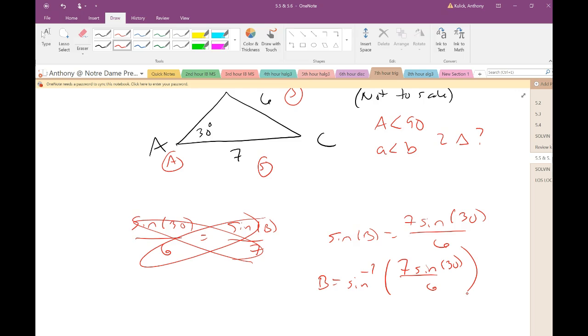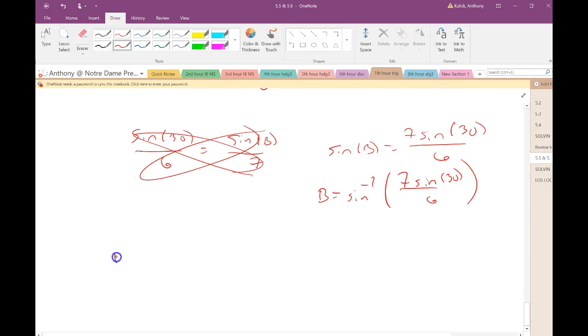And when I plug that into my calculator, I get, well, when I look at 7 times sine 30 over 6, that's less than 1. And that we can take the sine inverse of.